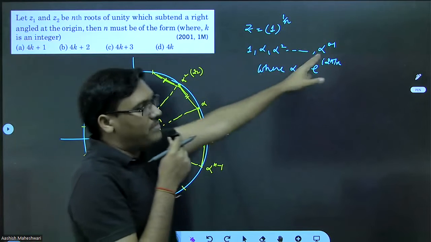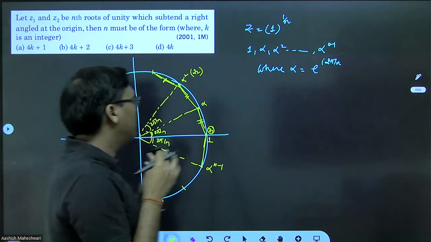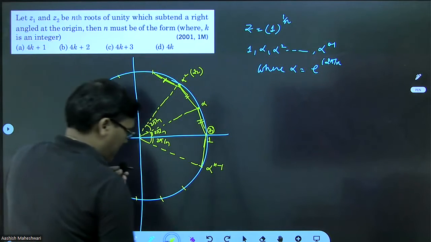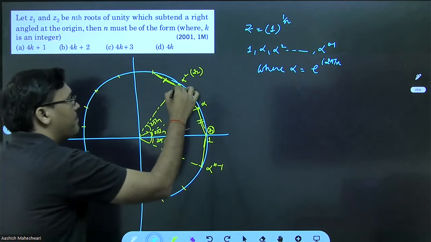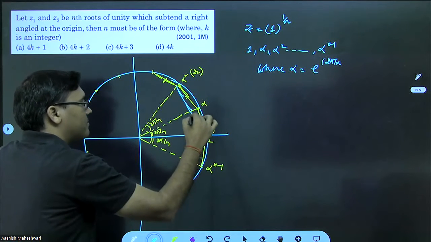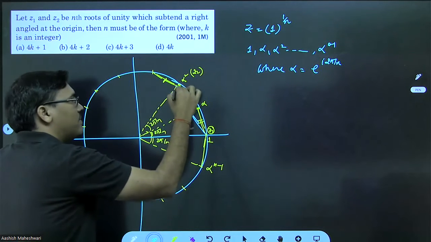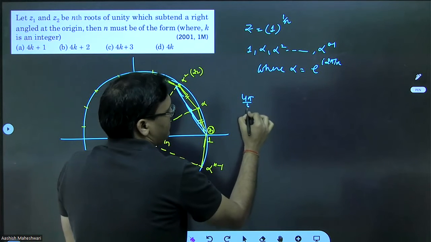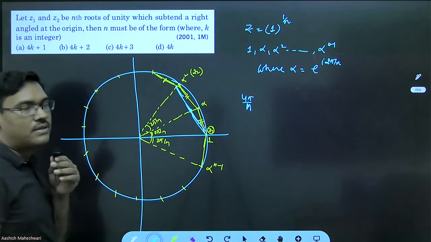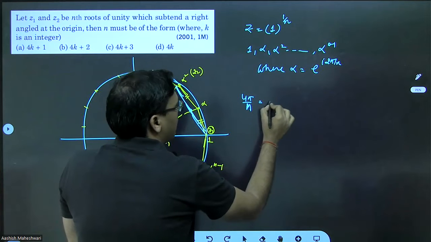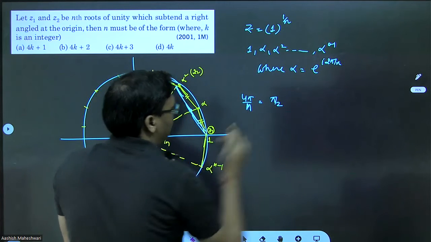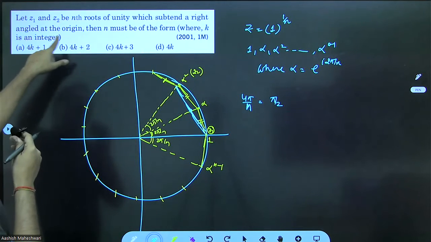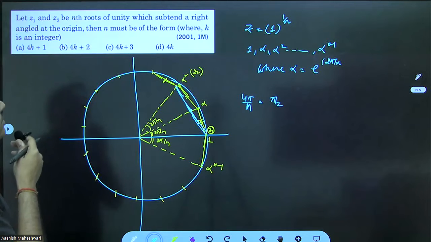I can take one of them as Z1, another as Z2. Now, what is the angle subtended by this at the center? If I take this, the angle subtended is 4 pi by n, correct? And it is given that this is equal to pi by 2 at origin, right?